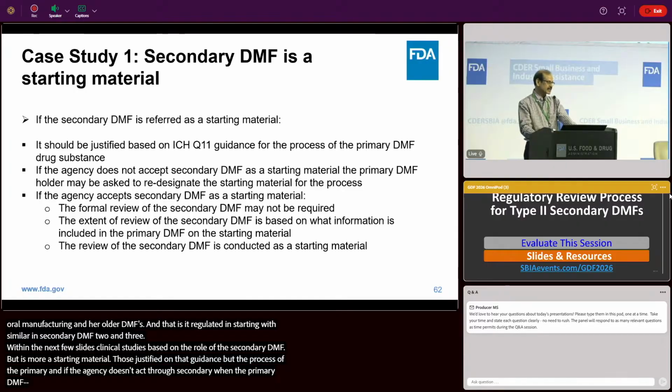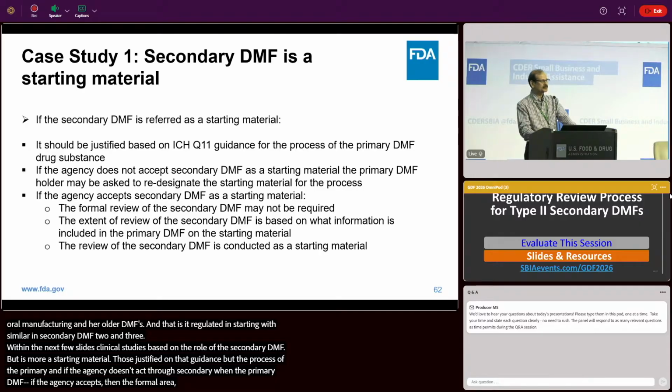If the agency accepts the secondary DMF as a starting material, then a formal review of the secondary DMF may not be required. Again, the extent of the review of the secondary DMF is based on what is presented in the primary DMF.